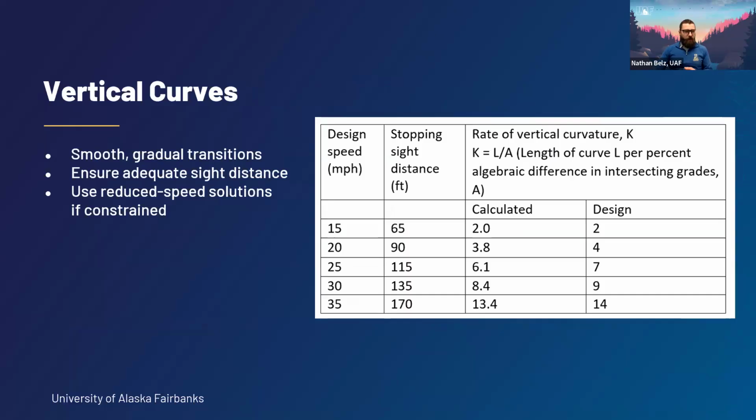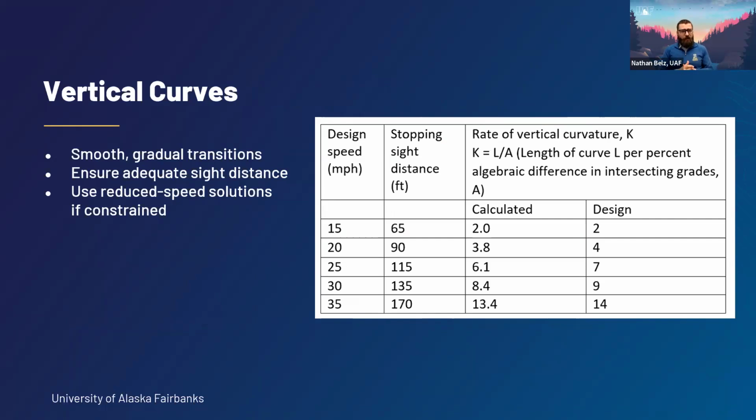For vertical curves, we want those to be simple, smooth, and gradual. Again, we are talking about low volume roads, trying to keep speeds to a minimum. So as far as crest vertical curves are concerned, being at least long enough to provide the appropriate stopping sight distance.